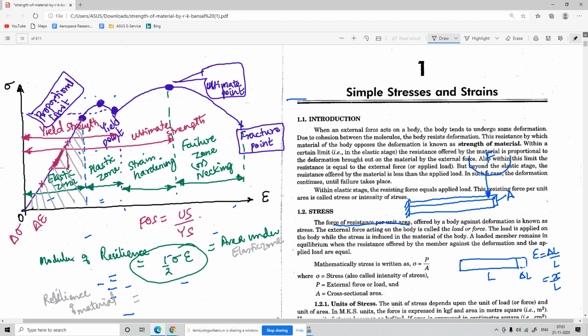Resilience of material can be found by the product of modulus of resilience and the volume of the material. The volume of the material will be given, the modulus of resilience can be found from the area under this curve. Substitute the values and you will get the answer.